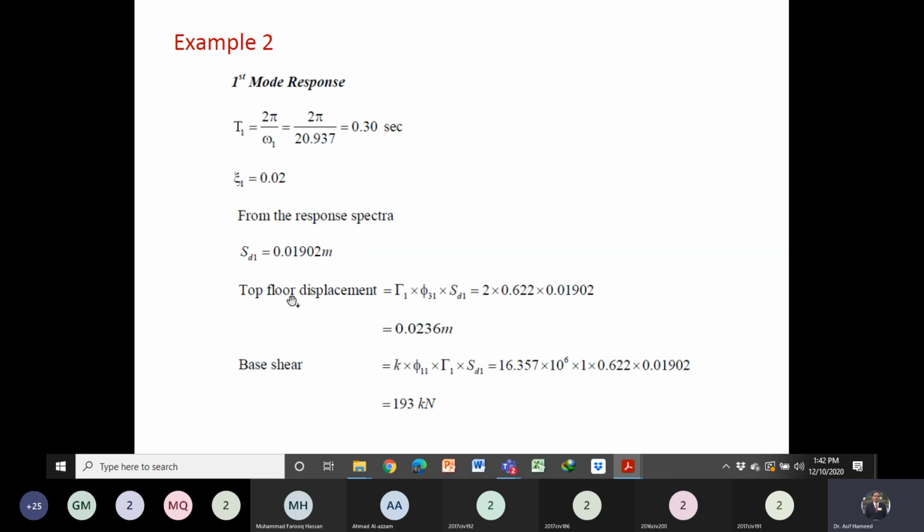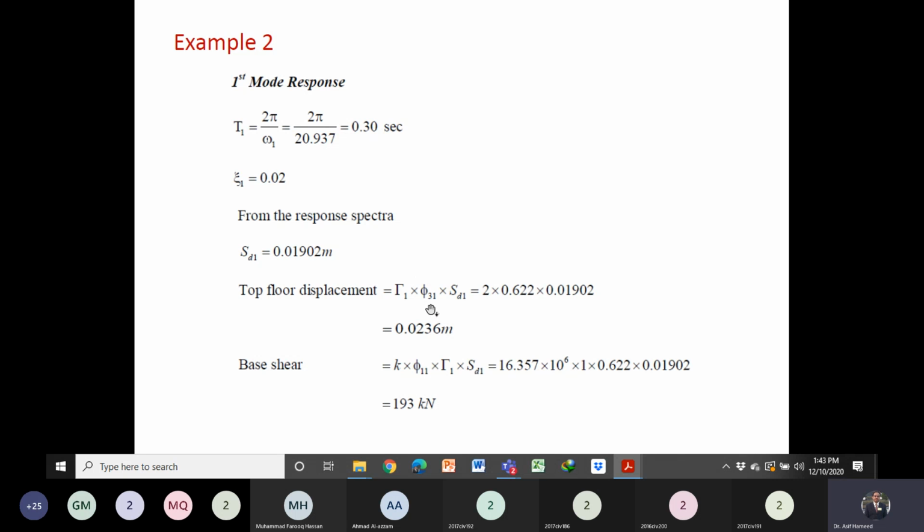Then we have to calculate the top floor displacement. If it's a single degree freedom system, then definitely this is the maximum displacement of the mass. But if it is a multi-degree freedom system, this is the maximum displacement of the mass in the first mode of vibration. We can multiply with the modal participation factor and also with the relative displacement of that mass in the first mode of vibration.